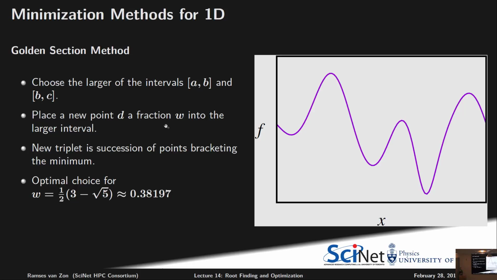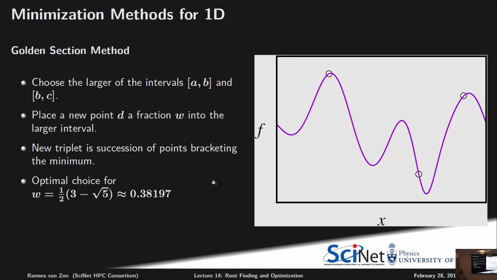We need a prescription on how to find a new point. We don't really want a midpoint, we want something that works optimally, and it turns out that if you take your point D to be a fraction W into whatever is the larger of the 2 intervals, that works if you take W to be the golden section. And so, okay, we'll believe that.